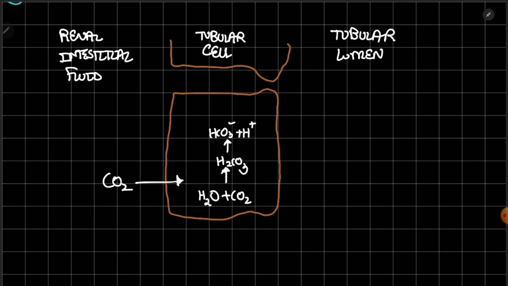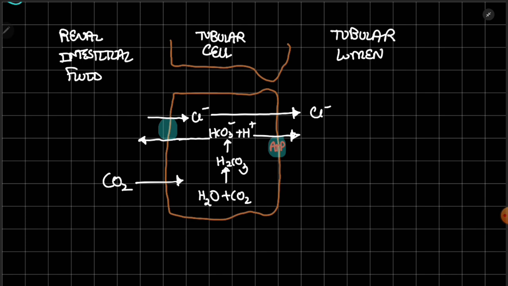Now what happens is the HCO3 minus goes into the renal interstitial fluid in exchange of Cl minus, and this Cl minus is passively secreted in the tubular lumen. Now this H plus, with the help of primary active transport, which requires ATP, is secreted in the tubular lumen.